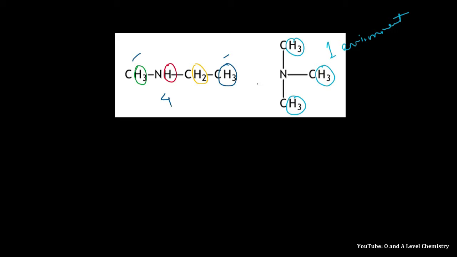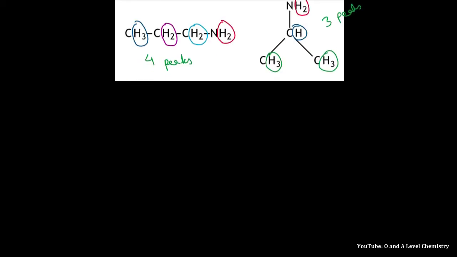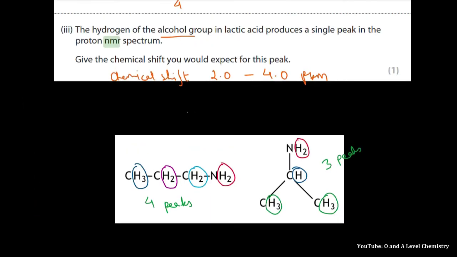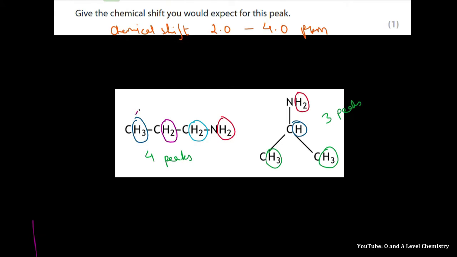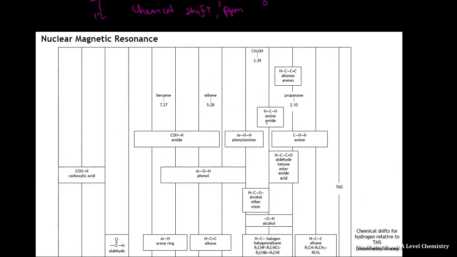Okay. So if we were to sketch this using the data booklet and chemical shifts in a proper way, the way we would do this is, for this one, these are just normal alkane peaks, right? These 2 are normal alkane peaks. So I'm going to have 1 peak for the blue one, which has a height of 3, 1 peak for the purple one, which has a height of 2, and then I'm going to have a different chemical shift for this one, because this hydrogen is bonded to a carbon that is bonded to a nitrogen.